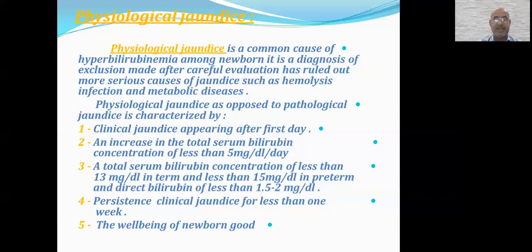The daily increment in the bilirubin level should not exceed 5 milligram per deciliter per day, while the total serum bilirubin concentration should not exceed 13 milligram per deciliter in a term infant, and of course 15 milligram per deciliter in a preterm.